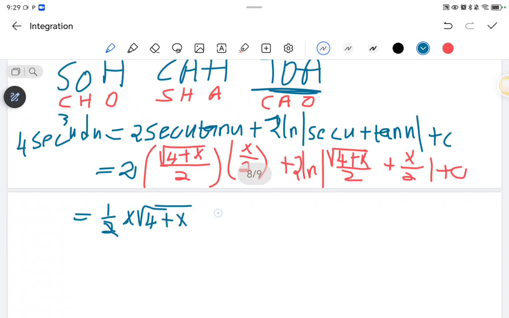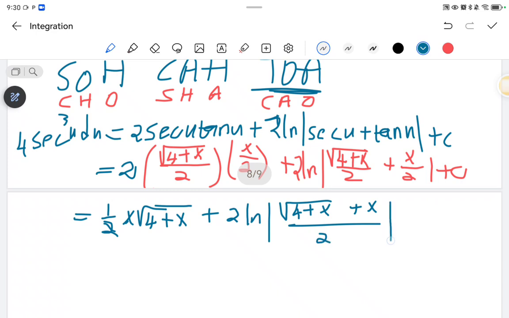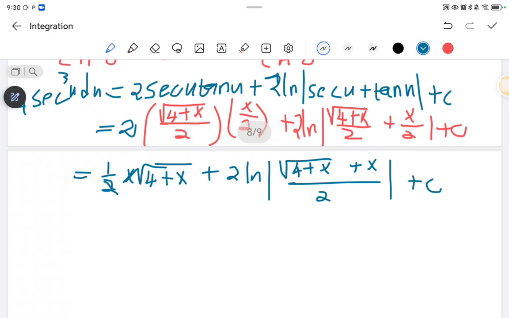And then this will be plus 2 ln of, if I multiply them both, this times that, I'm going to have 2 root of 4 plus x squared plus 2x over 2. Or maybe I can just add this. This is the simplest. Instead of doing this, the base is the same. I just add this root of 4 plus x squared over 2 to simplify things. And this will be a simpler approach.